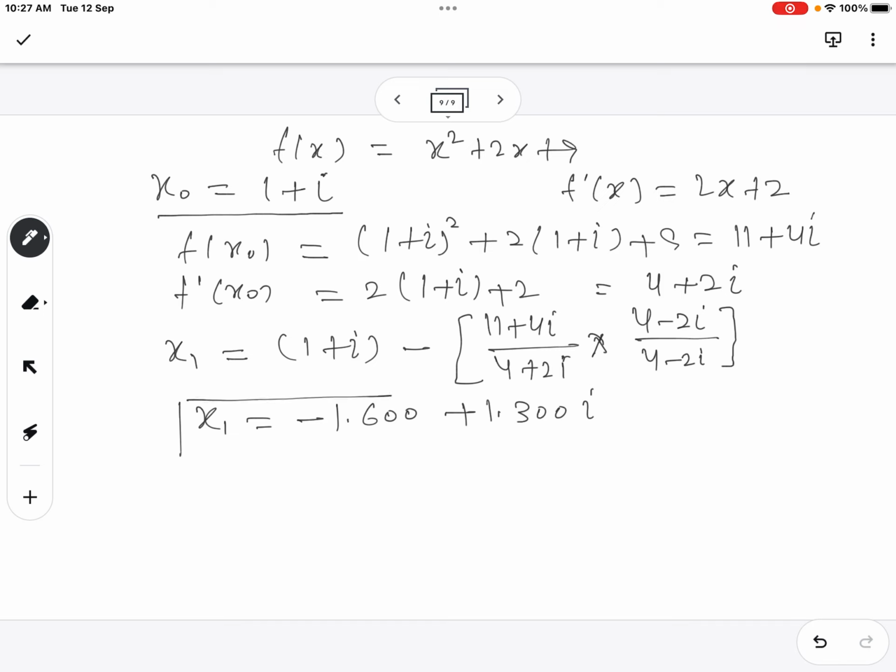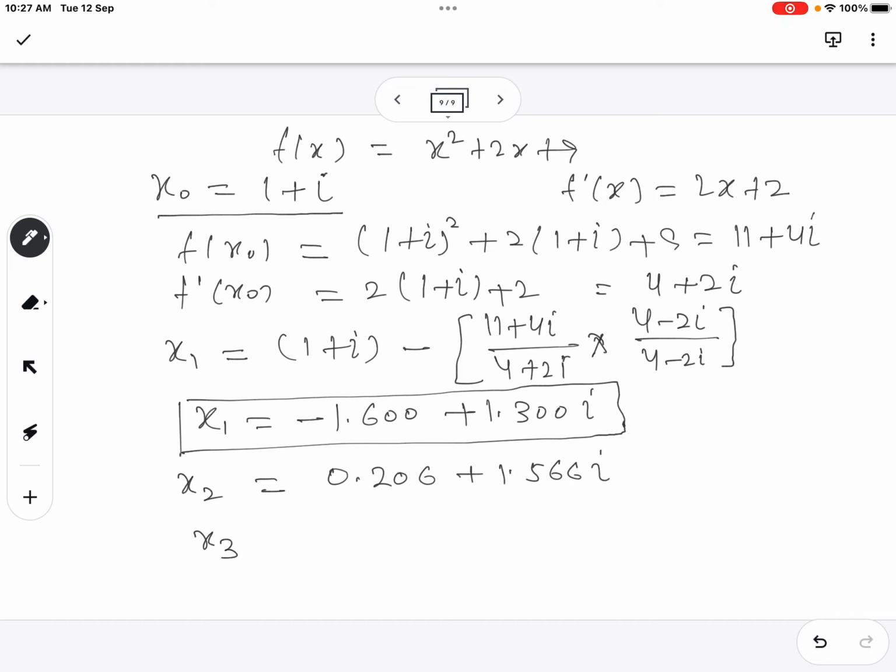Now this will be the approximation to find the next approximation, x2. Substituting this in Newton-Raphson formula, we get the second approximation to be 0.206 plus 1.566i. Similarly, x3 will be minus 2.080 plus 2.387i.